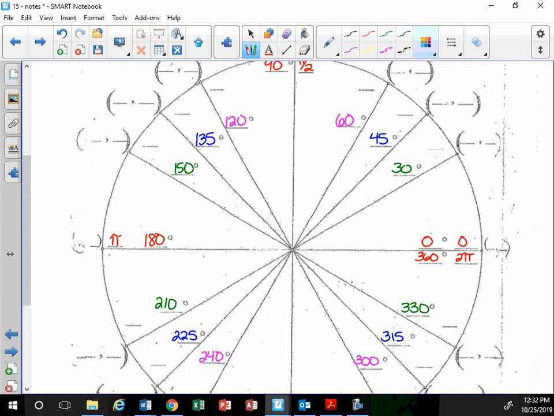Okay, I'm going for the middle one, the blue one. All right, so what was 45 degrees? It's halfway between 0 and pi over 2, right?